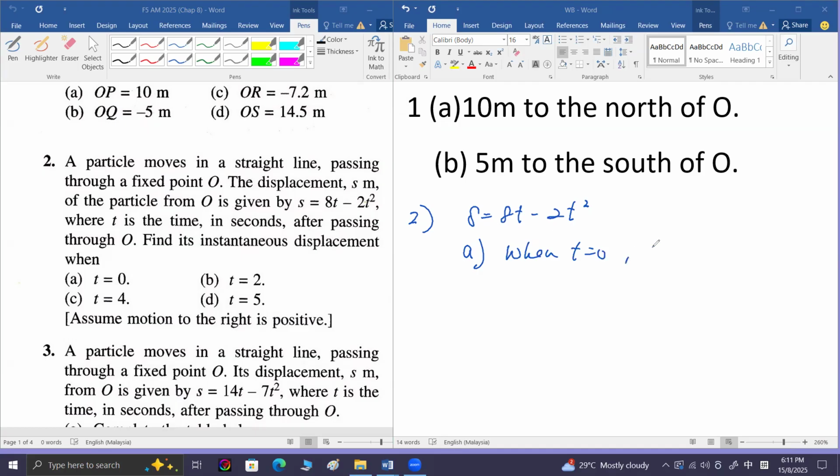Then you substitute here, S, you get 0. Okay, the same thing when t is 2. So you apply 2 here. 8 times 2 minus 2t squared. Then you get 16 minus 8, you get 8 m. You still remember how to apply to your calculator, class?